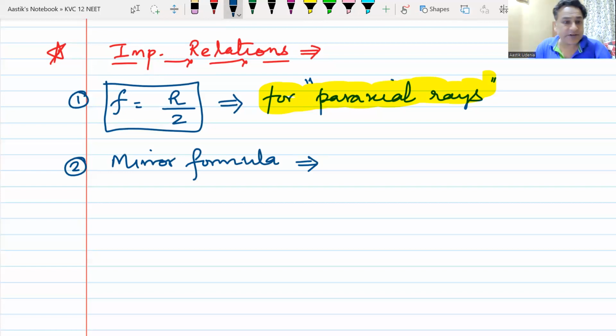Can you tell me what is the mirror formula, my dear friends? One by f is equal to 1 by u minus 1 by v? Mirror formula, my dear friends. One by f is equal to 1 by u plus 1 by v.